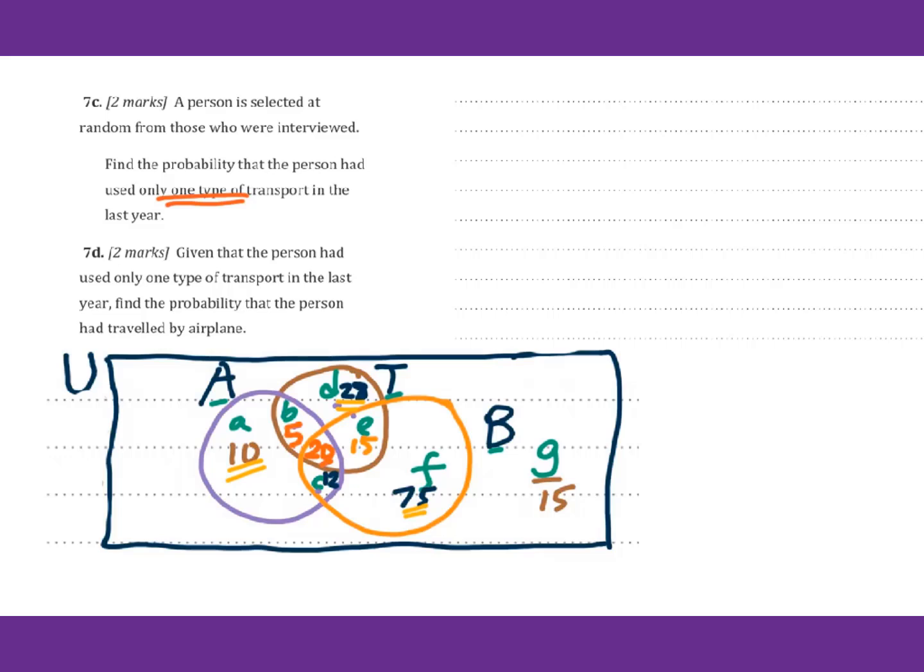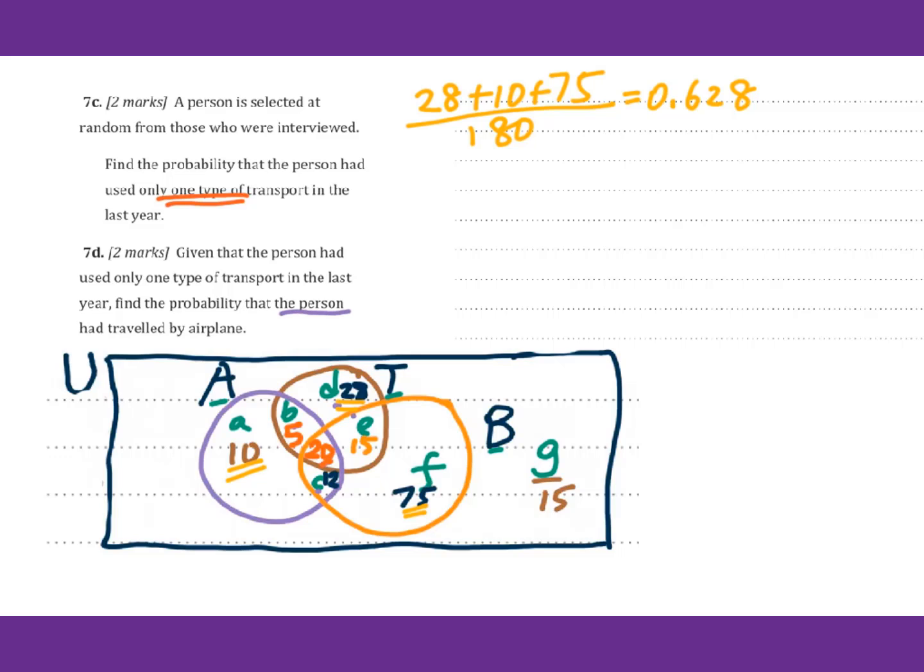So we do 28 plus 10 plus 75 over 180 will be the probability, equals 0.628.